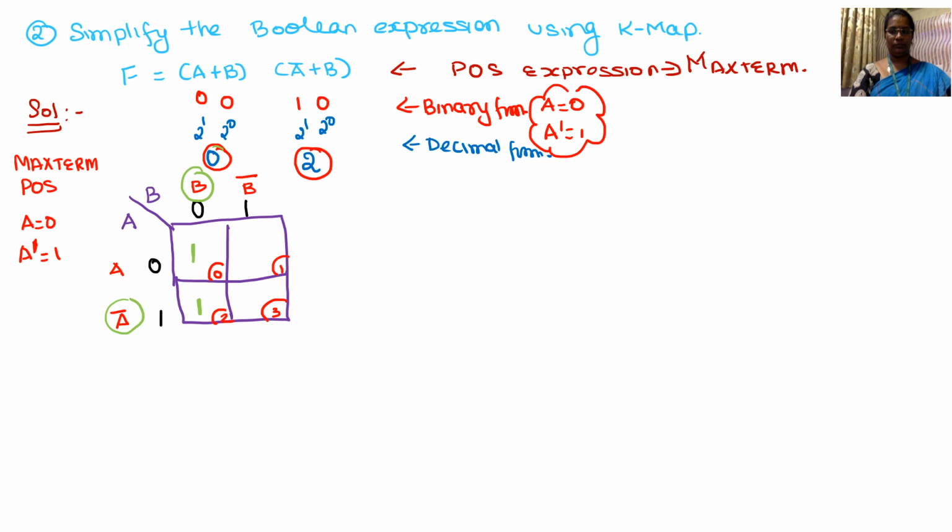But let me tell you one thing: when you applied SOP, the K-map was filled up with 1. But you have to be very mindful that when you fill up your POS, the filling has to be done with 0 only.